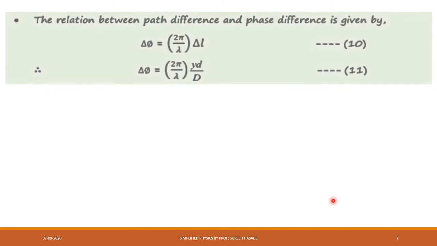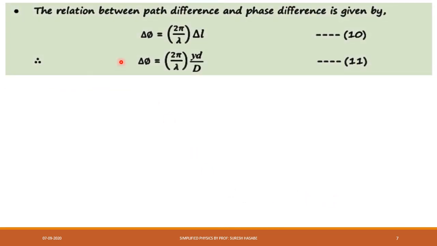Now the relation between the path difference and phase difference. We are well known about these two terms. Path difference is the distance, and phase difference is nothing but the angle. For every wave there is an angle, that is phase difference, which indicates the state of oscillation of that particular point.